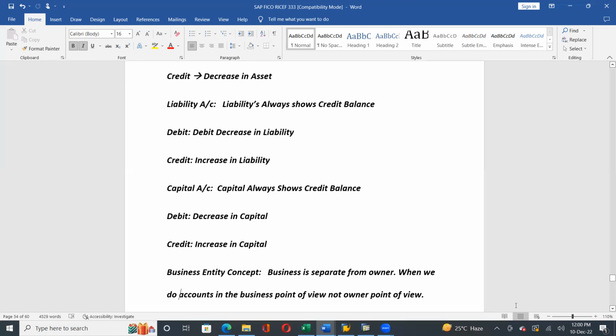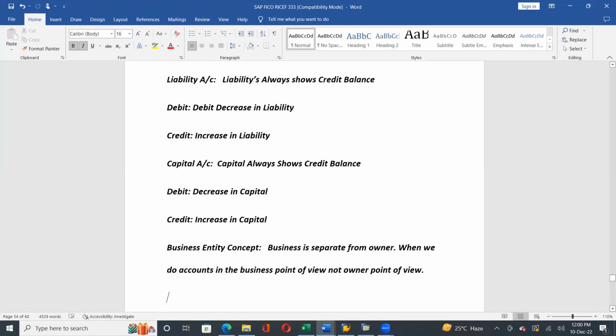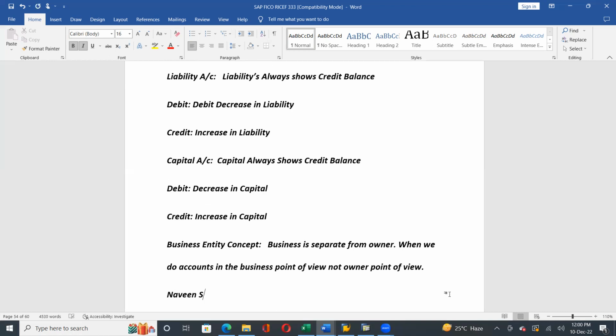So for example, Naveen started business with cash 10 lakhs. What does it mean? Naveen started business with cash. What does it mean?